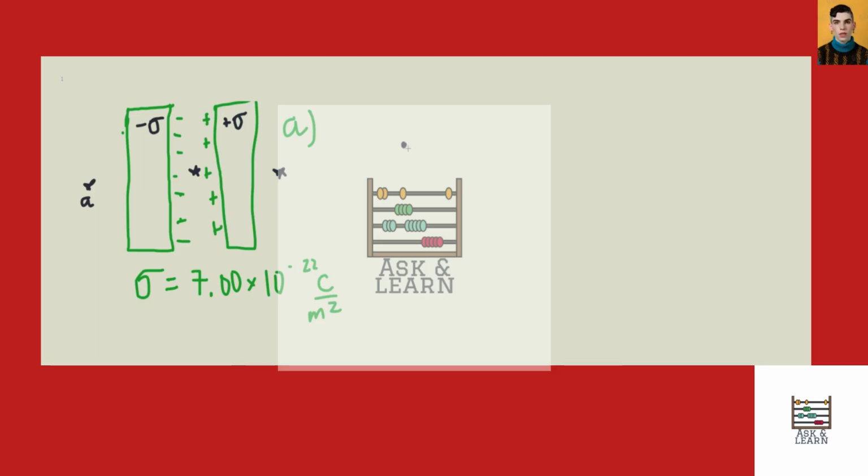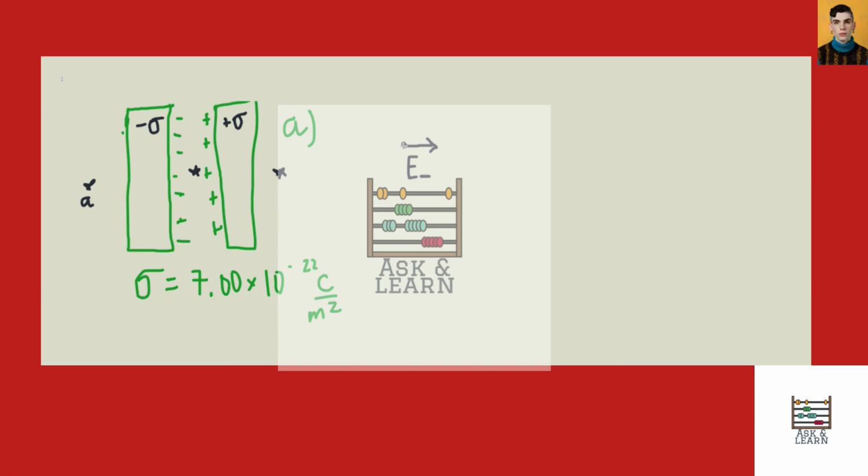The field due to the negative charges is going to point towards the negative charges. And so I can represent it this way, and then I'll just call this E negative to represent the field from the negative sheet.